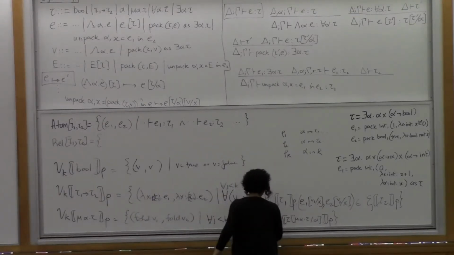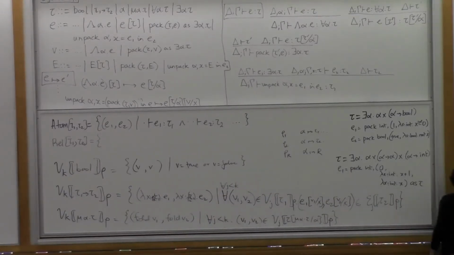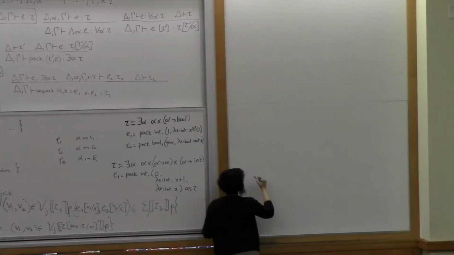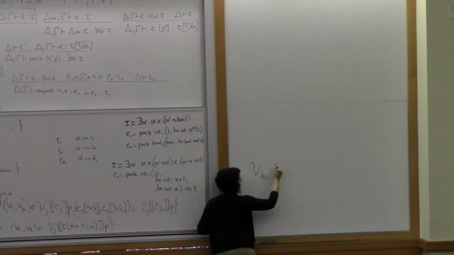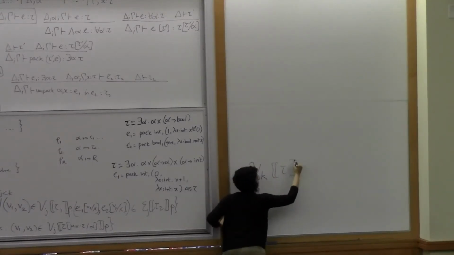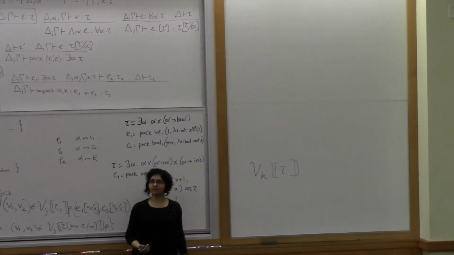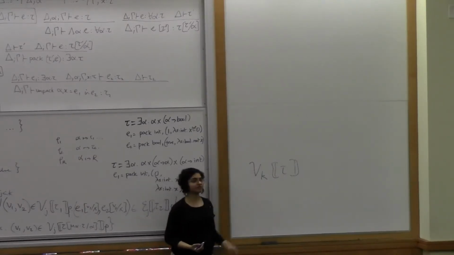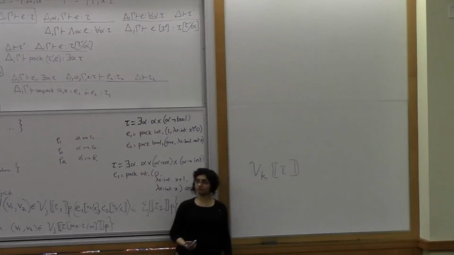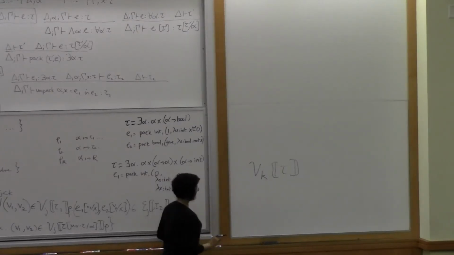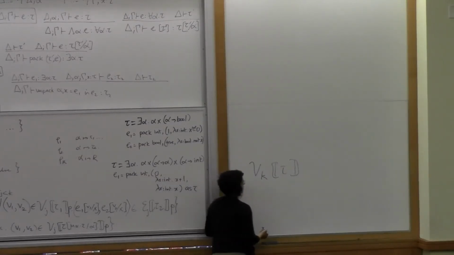I think I need one moment's digression before I do this. Yesterday I defined these as sets of values. Today I'm defining them as relations on values. I just want to get one notational thing out of the way.